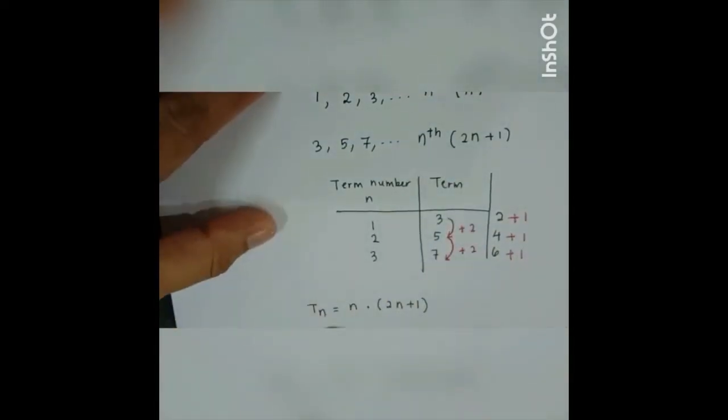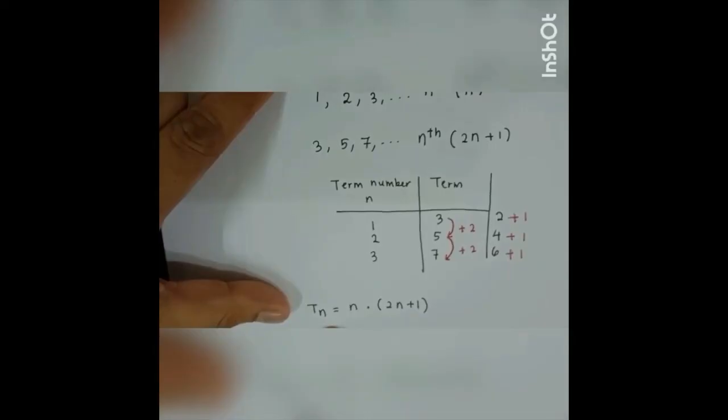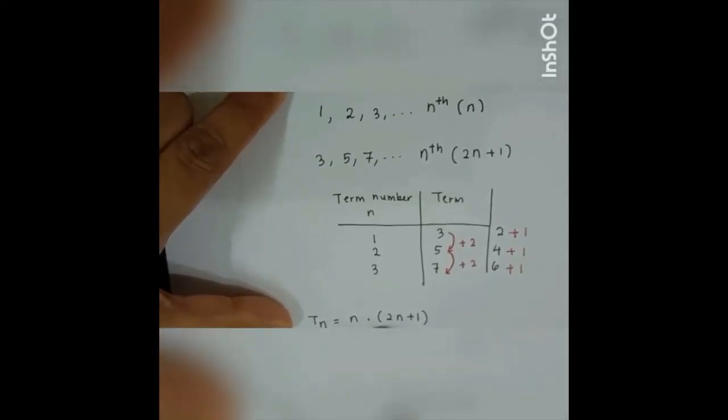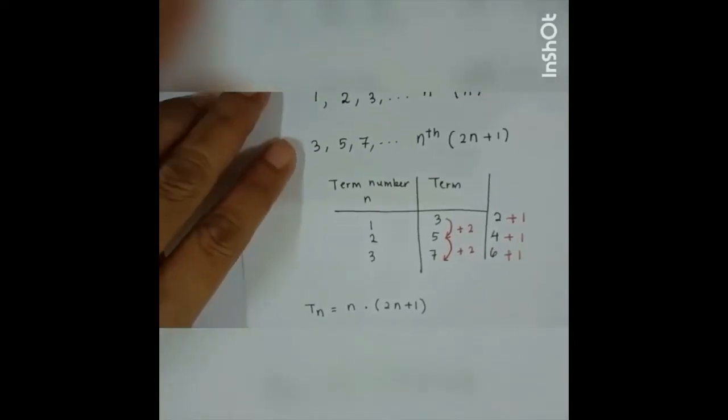So the nth term for this sequence is n times 2n plus 1.